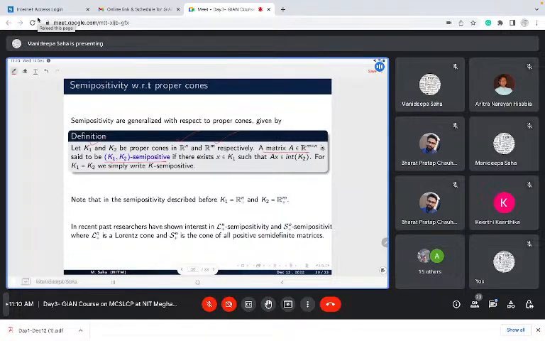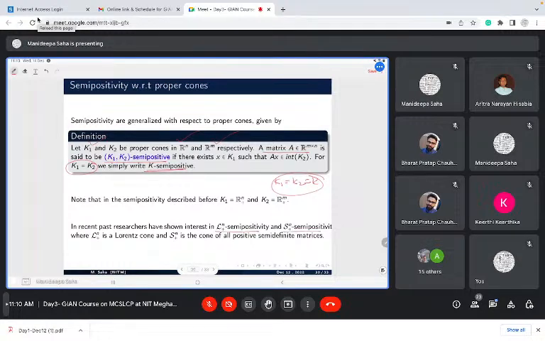And people are working on that; you can see many works. Another thing is that if the two cones are equal, K1 equals K2 equals K, then we call it a K semi-positive matrix. You can see many papers where people are still working on semi-positivity with respect to the Lorentz cone, L^n plus semi-positivity.